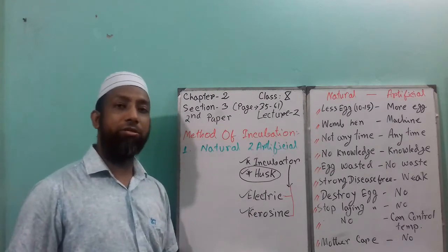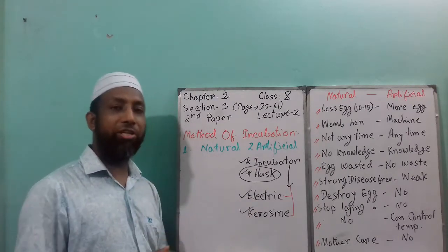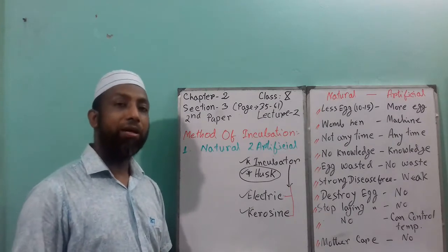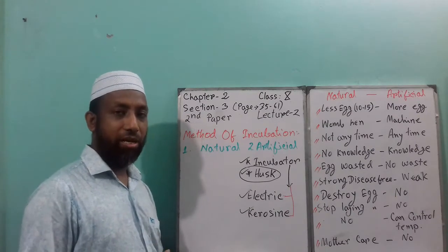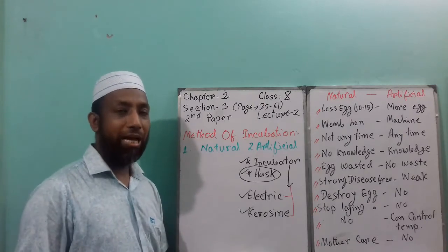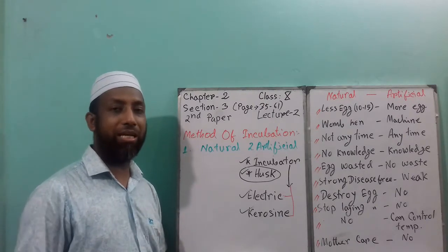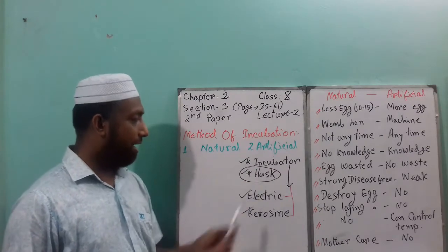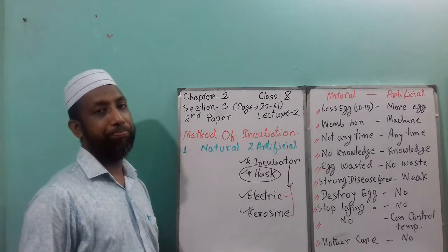Here you can control temperature, humidity, trays, everything, like an automatic. You just press the button and it will work automatically with the help of the incubator. Electric, that is called the incubator machine.